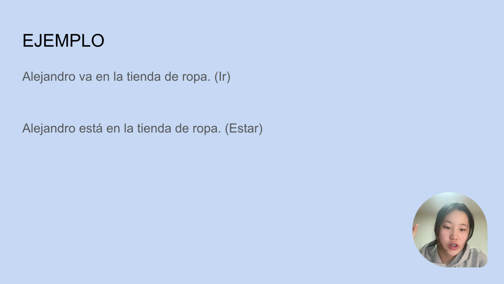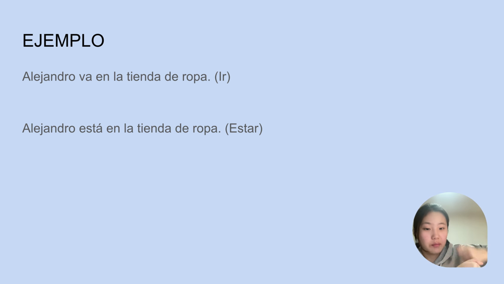Okay, ejemplo, which is examples. For ir, Alejandro va en la tienda de ropa. Alejandro va en la tienda de ropa. Alejandro is a Latino name, a Latin American name, and he is going to the shop, to the clothing shop. Tienda de ropa is clothing shop.